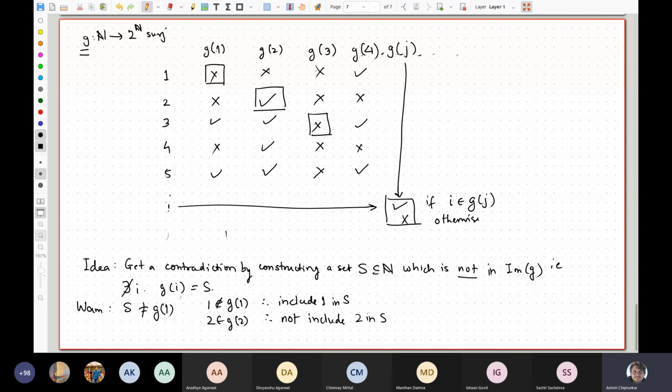Similarly, 3 is not in G3, so you will include 3 in the set S. And similarly, 4 is not in G4, so you'll include 4 in S, and so on. So this ensures that for all i, S and Gi don't agree on membership of i.